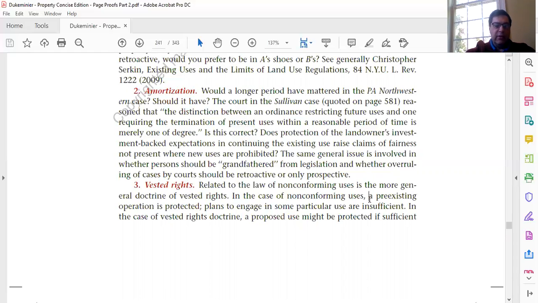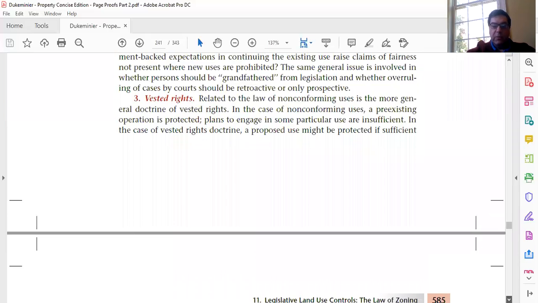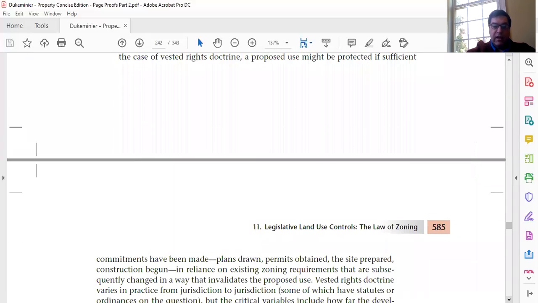And the authors indicate that that depends on the law in your particular jurisdiction as to when you are deemed to have vested rights in the non-conforming use. They say that the law on this varies from one jurisdiction to another, but that there are some variables that typically are going to be important in the analysis.